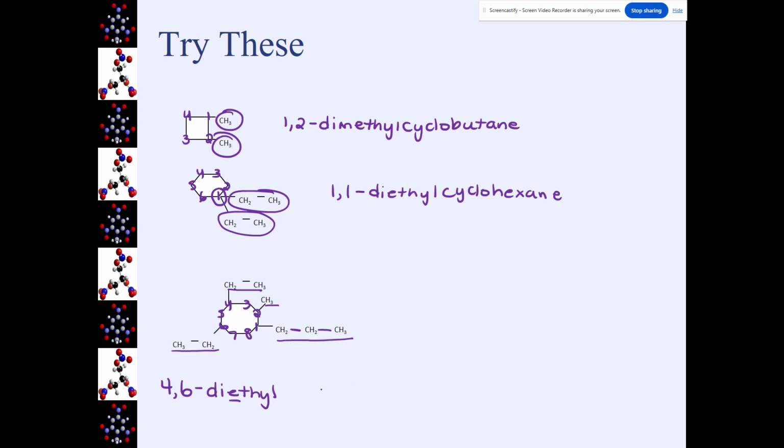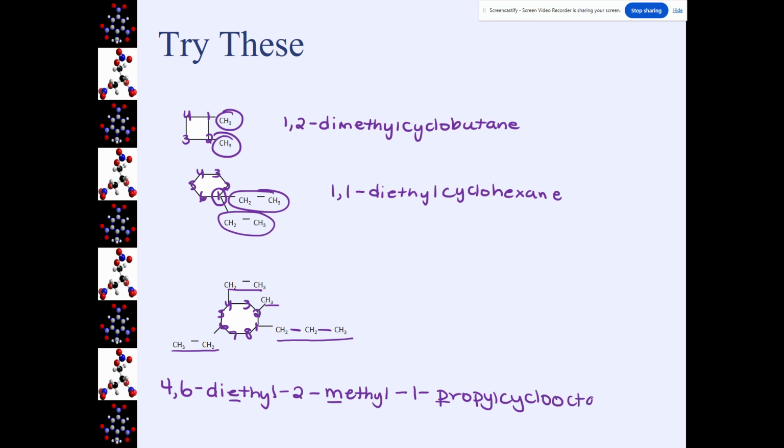A, B, C, D, E, F, G, H, I, J, K, L, M, N, O, P. So M comes next. That's my methyl branch on carbon 2. Then my propyl comes last. I'm just showing you the alphabetical order here: E, M, and then my propyl, P, on carbon 1. And this is a cycloalkane.